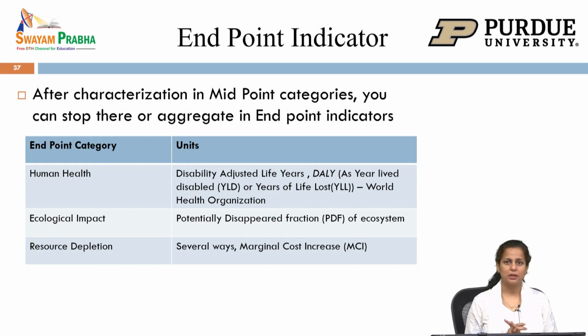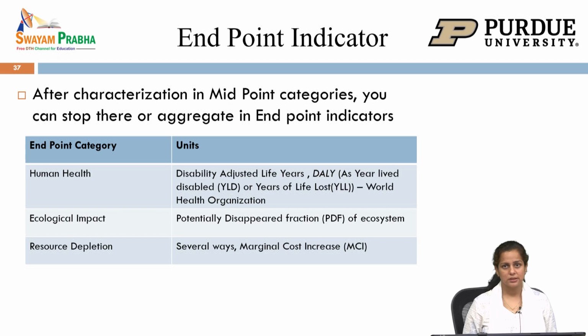Okay. So, the endpoint indicator: after you have characterization in midpoint categories, you can stop there. Most LCA analysts stop at the midpoint indicator because the focus has been on global warming potential or climate change or acidification or those kinds of things. But if you want to go further, there are 3 endpoint categories that are recognized. One is human health. This endpoint indicator is given in the units of disability adjusted life years, known as DALY, and it is given by the World Health Organization.